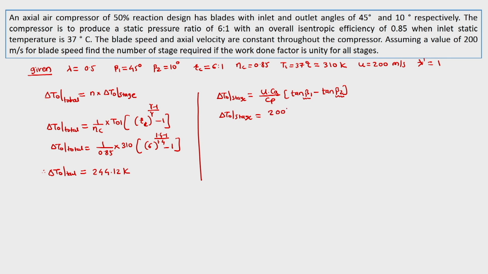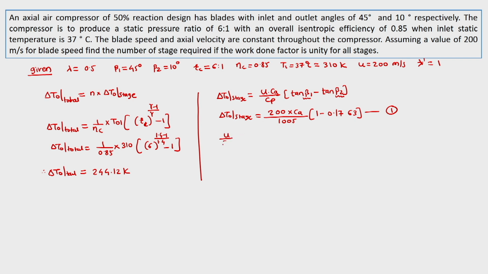So we have U as 200 into Ca divided by Cp as 1500, tan beta 1 is 45 so tan is 1, tan beta 2 is 0.1763. We will call this equation number 1.